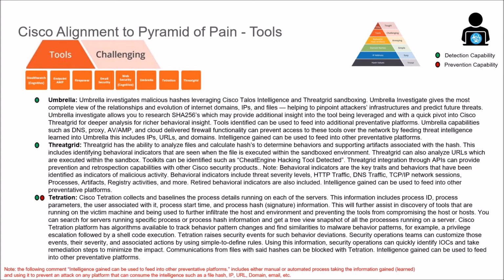Tetration has both detection and prevention capabilities. So Cisco Tetration collects baselines and process details running on each of the servers. This information includes the process ID, process parameters, the user associated with it, the process time, the process hash, signature information, right? Again, if you heard the previous videos, this is a lot of the same thing, right?